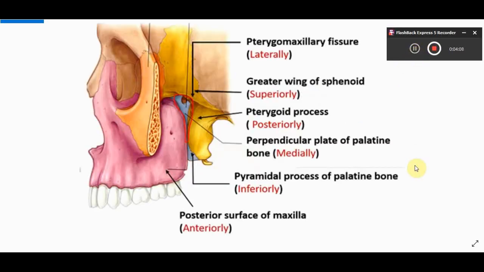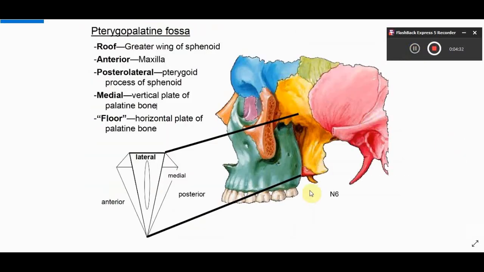And let's look at this image again and try to realize exactly how this is positioned, such that the body of the sphenoid, its undersurface, is forming the superior boundary, and the root of the pterygoid plate is forming the posterior boundary, and also the adjoining part of the greater wing of the sphenoid is forming part of the posterior boundary. In this image again, you can see the boundaries.